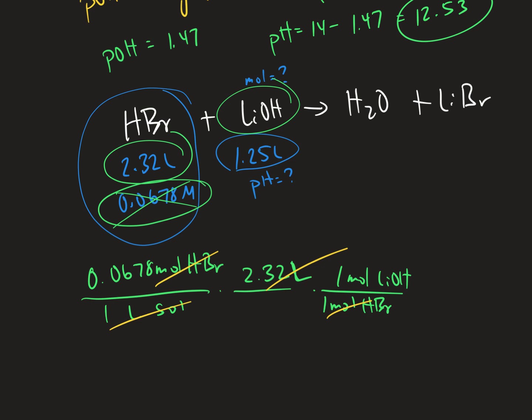We use everything but this. Can we use that yet? We have moles of LiOH, and this is liters of LiOH solution. Can we find the molarity of LiOH? Yeah, right? So just divide that by 1.25 liters, and now we have moles per liter.